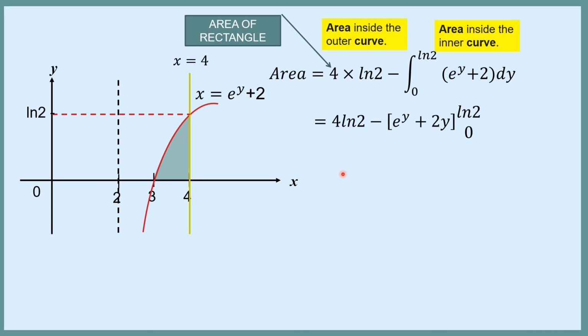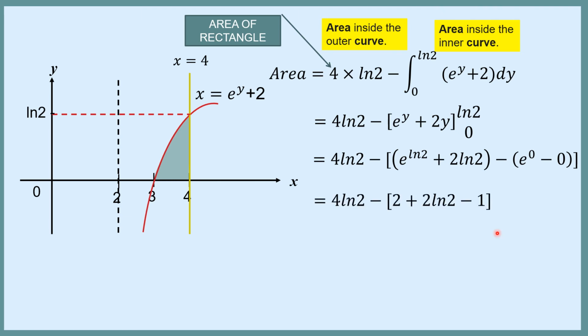Simplifying and integrating, we have 4 ln 2 minus e to the power of y plus 2y from y equals 0 to y equal ln 2. Substituting the upper limits ln 2, substituting the lower limits 0, simplifying. Thus, the area of the shaded region is 2 ln 2 minus 1 units squared.